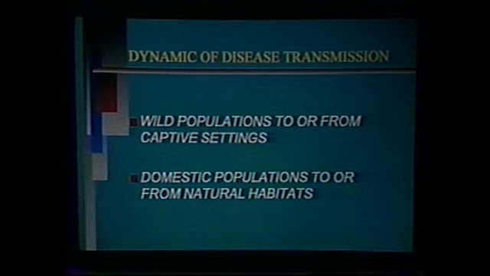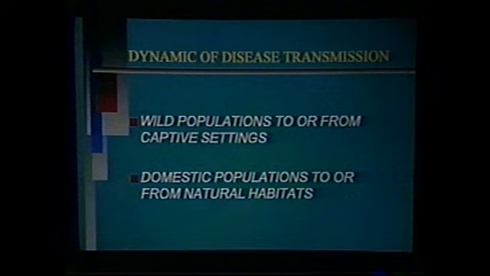What I'd like to do is to first begin with some concepts of the types of diseases that we see, and we'll refer to those diseases in wild populations as wild diseases, and those in settings where animals are held in captivity as captive diseases.